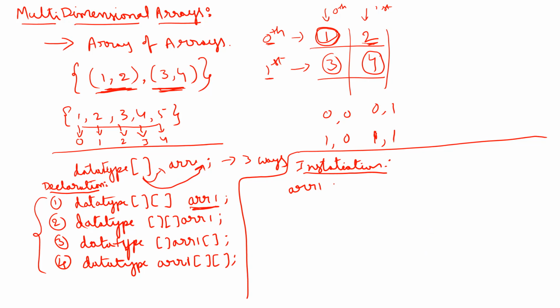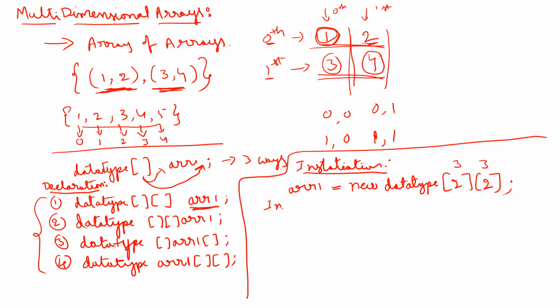So array1 equals new dataType, whether it is an integer or string, and then we have to give the length of the array. Let's say we are creating a 2 by 2 array. So this is how we will create this one. Or you can give it like 3 by 3, something like this. So this is how we can instantiate an array.